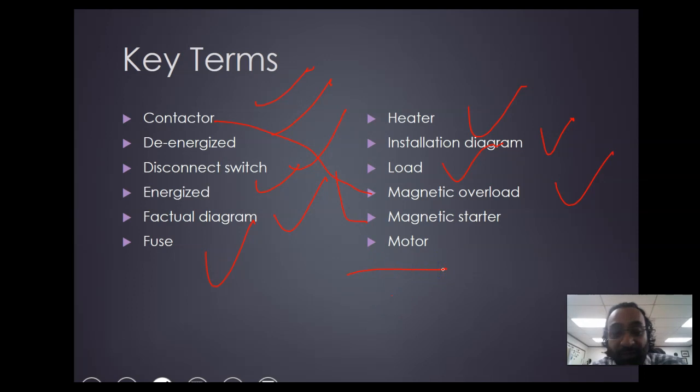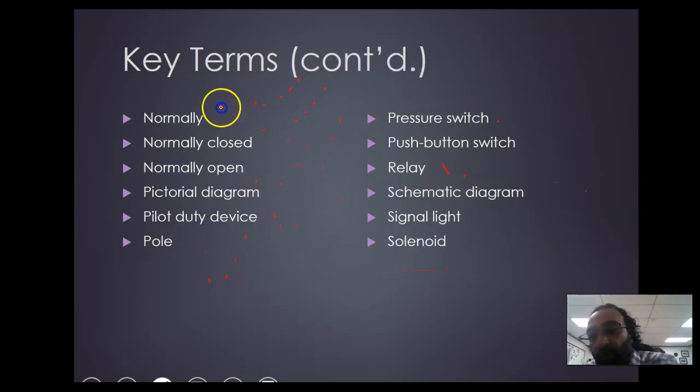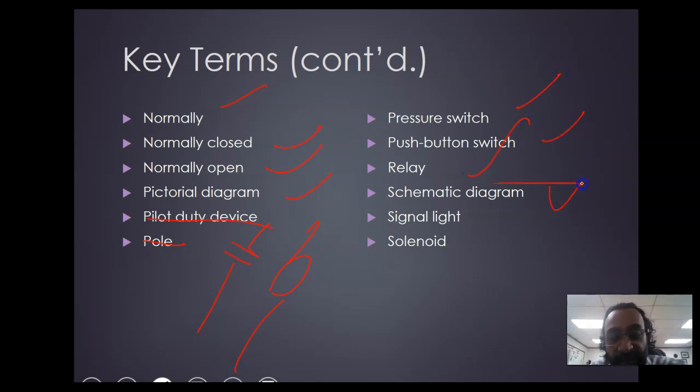A motor is something we use a lot in HVAC, and it does the rotation. Normally means the state when it's de-energized. Normally closed, normally open. Pictorial, again a lot of information, don't worry about that. Pole is the line of action of a relay. Pressure switch, push button switch, relay, schematics.